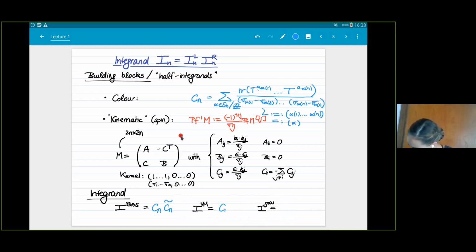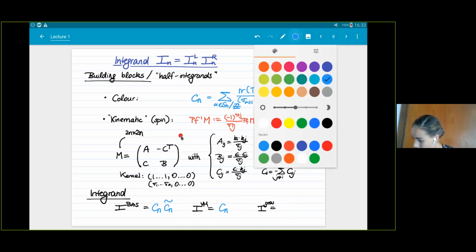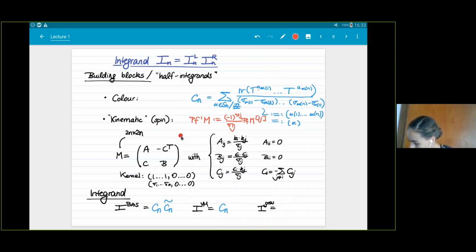For Yang-Mills, we find one copy of this color factor, and the other copy is a reduced Pfaffian. Whereas for gravity, we need two copies of these Pfaffians. By M tilde here, I just mean that you don't need to have the same polarization data, so you're free to replace all the epsilons that appear here by some epsilon tilde.